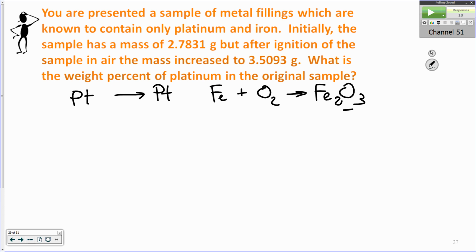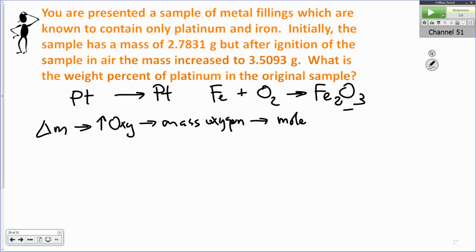What we can look at is the increase of mass, and we know the increase in mass is purely due to the oxygen. So we can take the change in mass, the delta mass, from the increase in oxygen. We take the mass of the oxygen, and to think the strategy out with you, relate it to moles of oxygen, then moles of Fe2O3, and finally moles of Fe, and ultimately we can get to the mass of Fe.